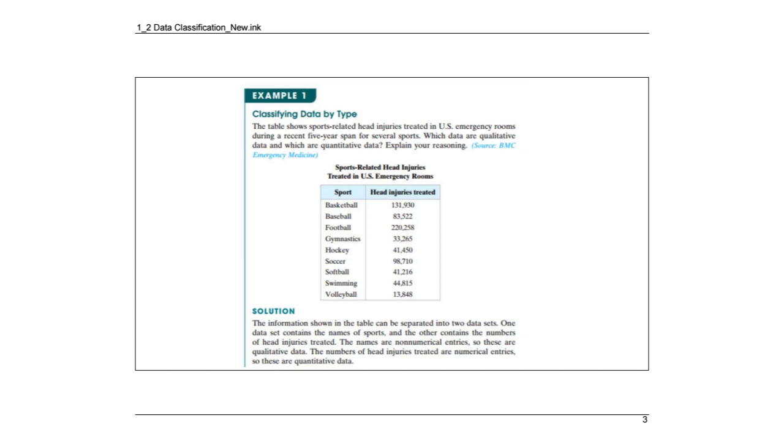I noticed there's no equestrian on there. That would be high up there also. All right, so for the sport, these are words, right? So that would be qualitative data. For the head injuries, these are actually counts. And so those would be quantitative data.